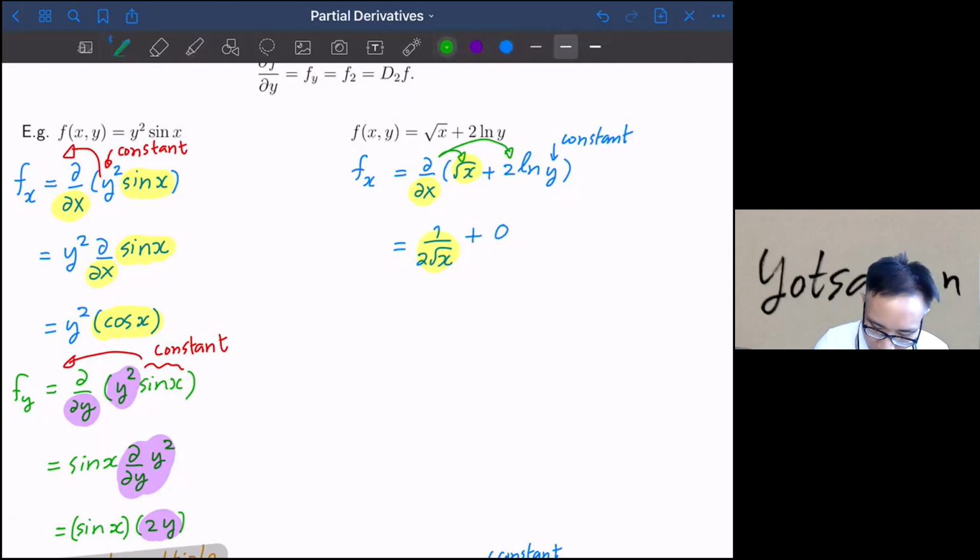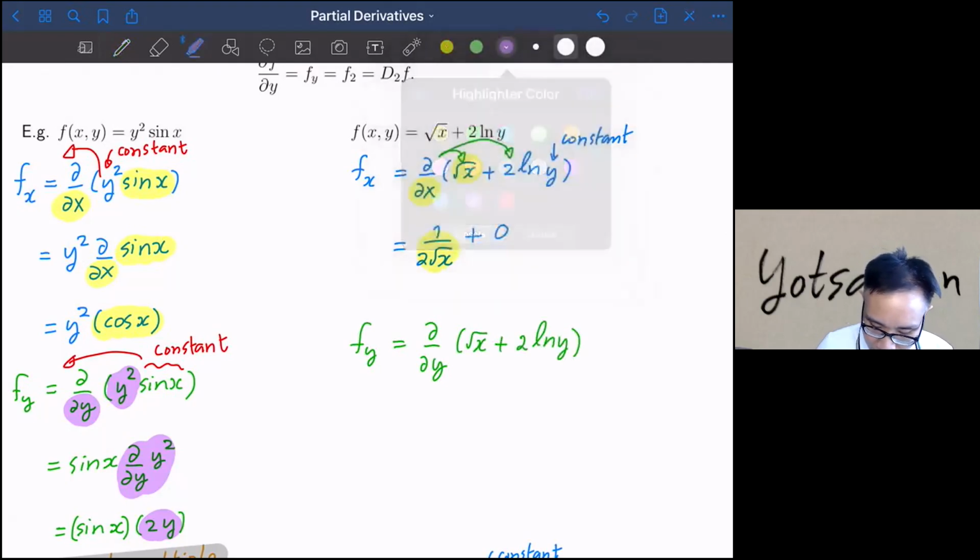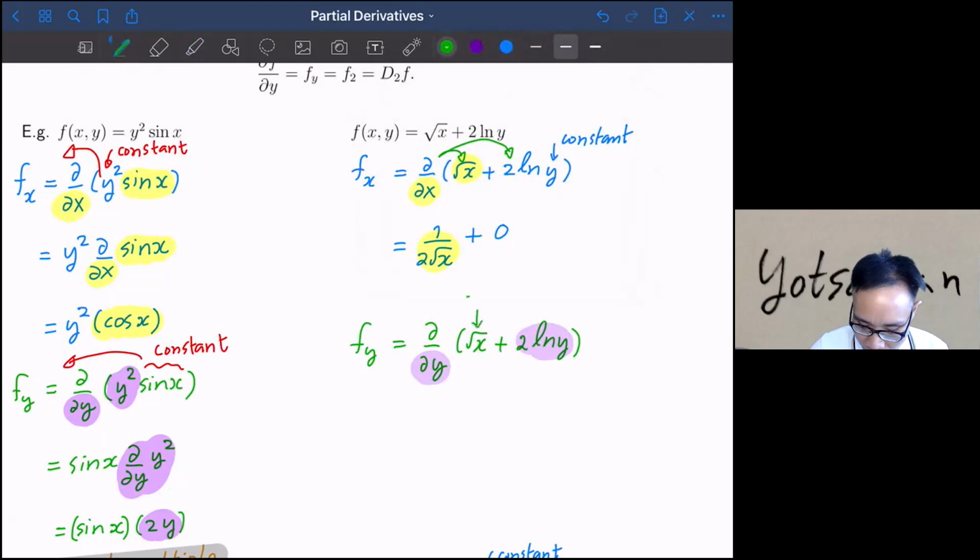The second one is to find fy. I'm going to do it slowly. So it's going to be d/dy of root x plus 2 log y. Again, this derivative is with respect to y, and y appears in the second term, while for root x this guy is a constant.